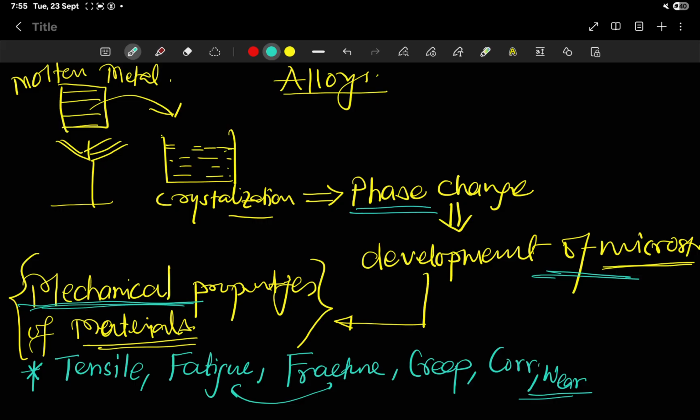So before exploring this topic, it is very essential to understand some basic fundamental concepts, which are like this. So let's try to understand.